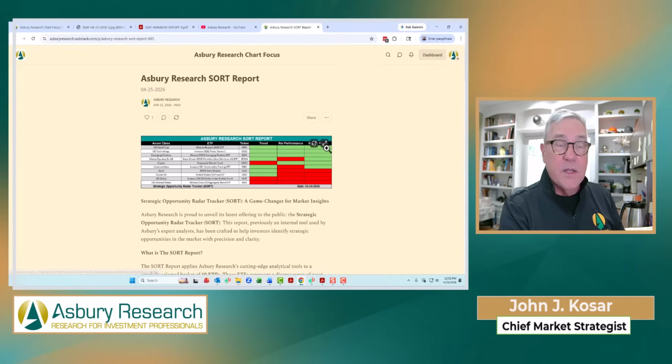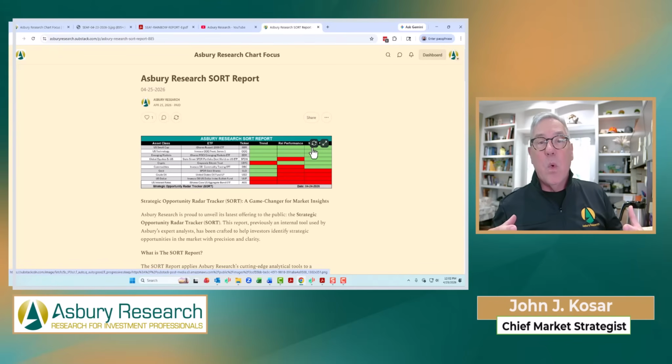And the third is money flows. Is the AUM in that ETF, the assets in that ETF, are they expanding? Right now, there are three: U.S. small cap, U.S. technology, and also emerging markets. This tells you where to look. If you're looking for value, if you're looking for opportunity, this is a quantitative scan that we do twice a week to tell you what's performing, where to look for opportunities.